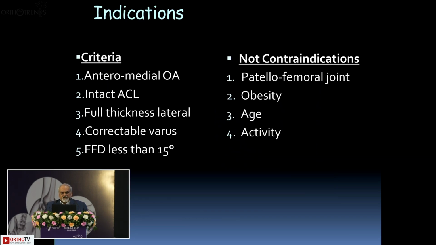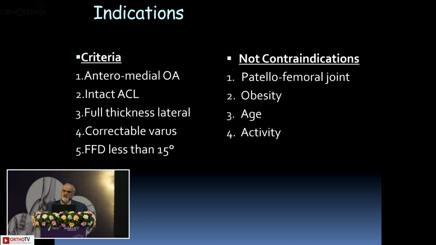So again, the indication remains anteromedial OA with a functionally intact ACL. There may be striations up to 50%. Loss of ACL substance is acceptable, but it should be functionally intact. And full thickness lateral cartilage with correctable varus and flexion deformity less than 15 degrees.